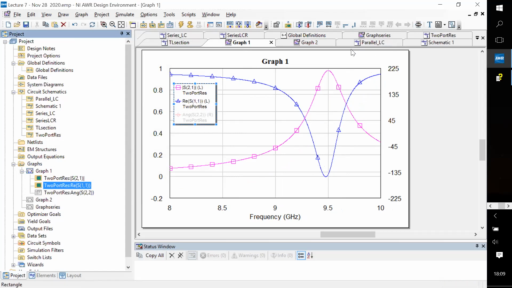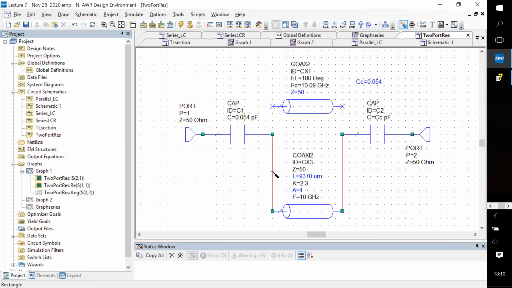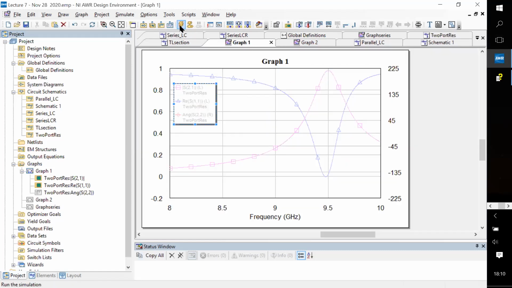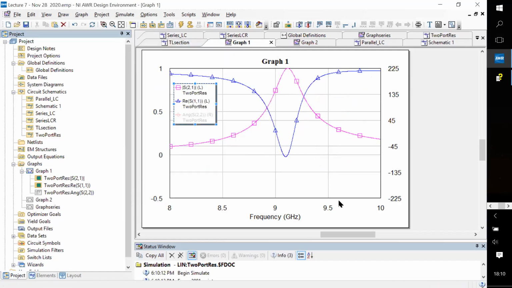I think right now we have some loss. Let me get rid of that. Sorry, but remember that the real part now doesn't go from +1 to -1 or -1 to +1, because I plotted the wrong quantity.